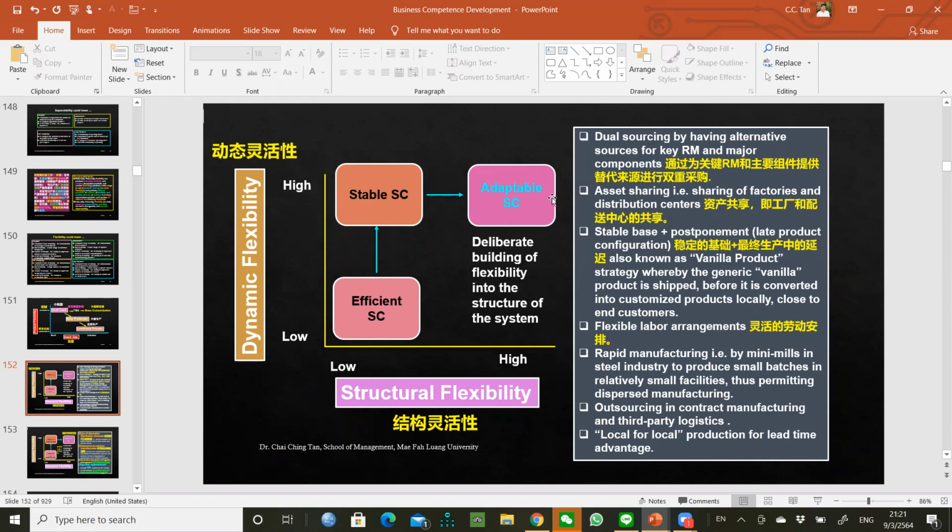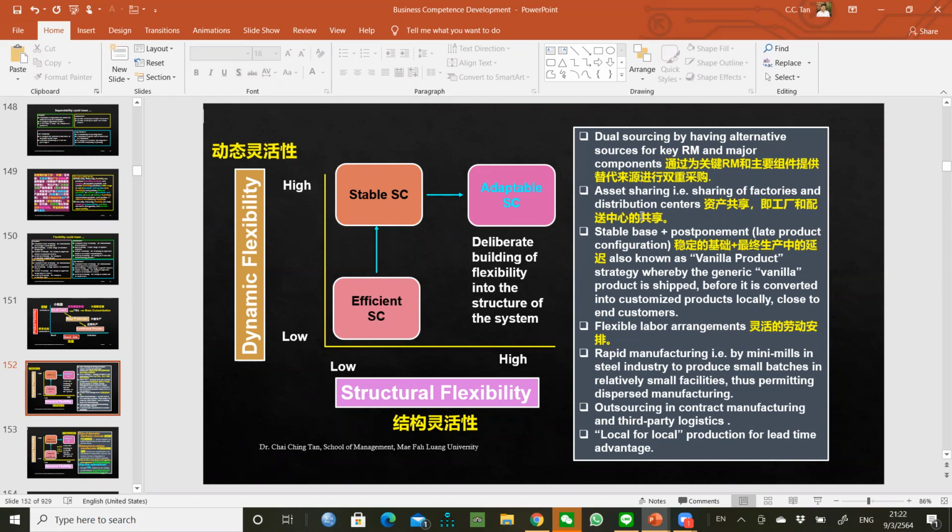And so adaptable supply chains, for instance, there are many ways. From here you can look at dual sourcing, that you can have alternative sourcing from your suppliers. You can have asset sharing with different factories, so if somebody needs something, they can use the different distribution centers depending on your algorithm and all the data, and see which one is the optimized way to distribute, right?